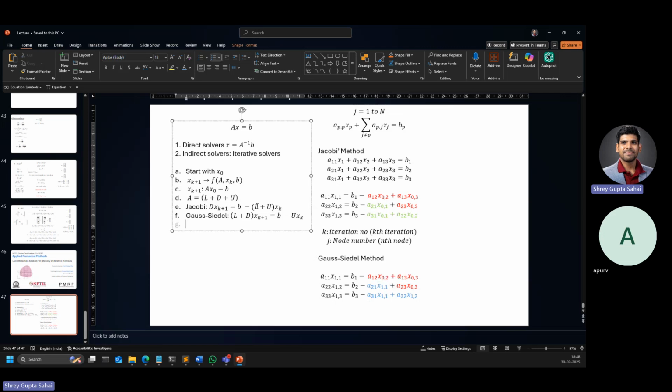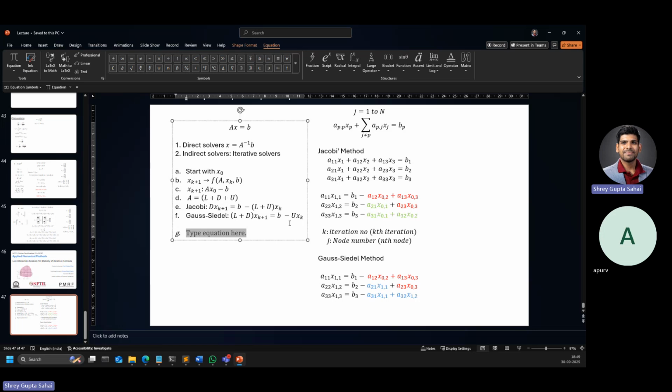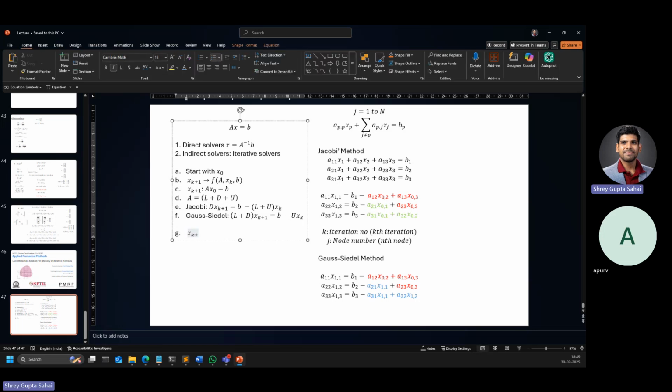So earlier the lower diagonal matrix was associated with xk. Here we will retain L on the left hand side. So in Gauss-Seidel, the iteration scheme is you trying to calculate xk plus 1. This is what we do when we are trying to figure out the solution using iteration schemes, right?